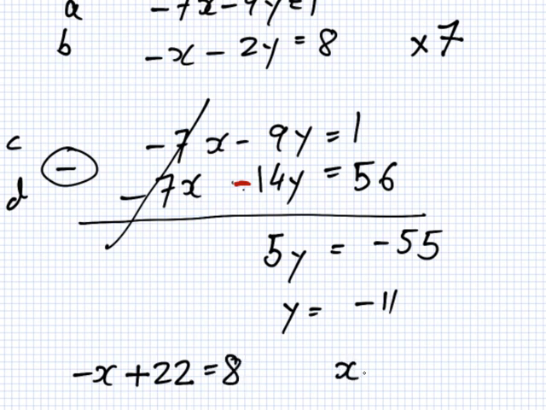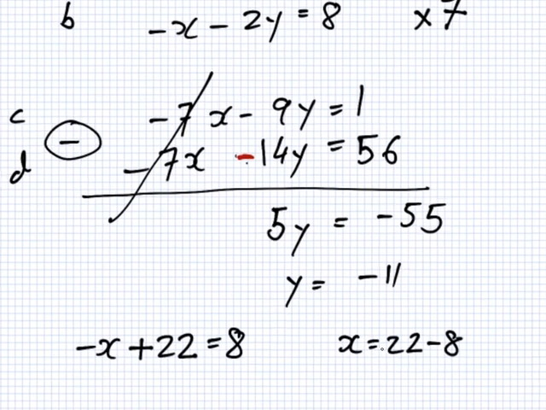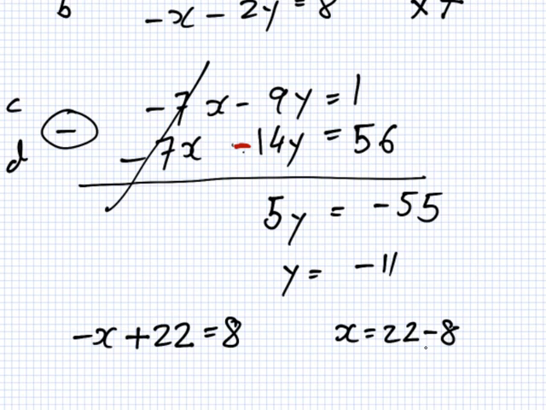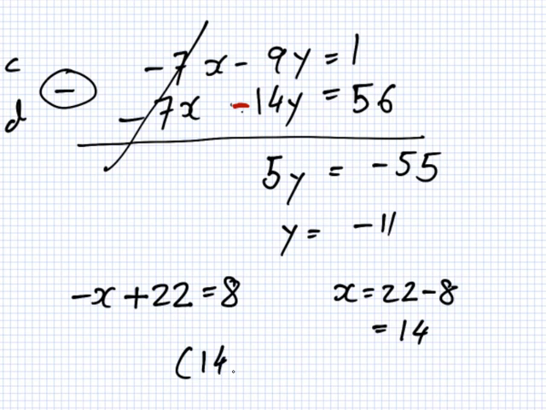So I get x equals 22 minus 8, which is 14. So my answer is x is 14 and y is minus 11.